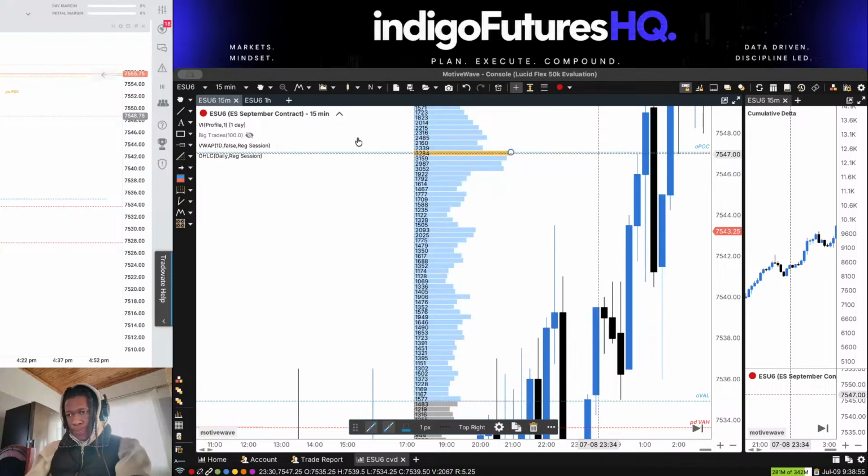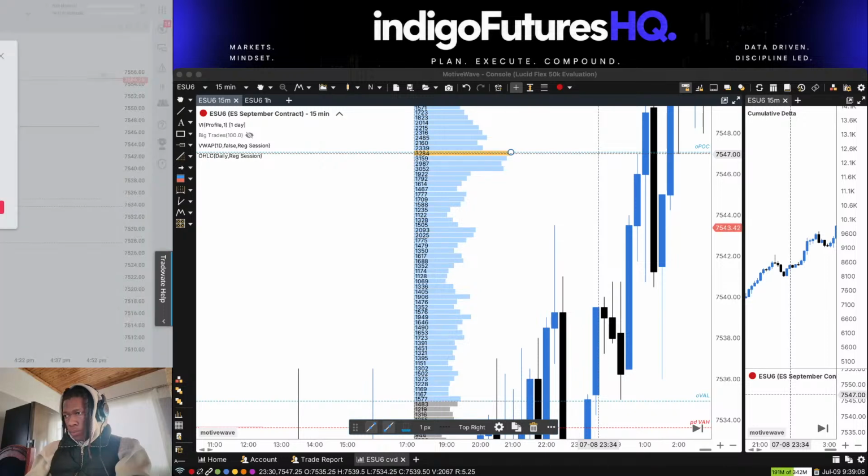$547. We've seen that level quite a lot recently, have we not? Also, why don't they have an option to have the array extend both ways? Let's see. Array align. Nope.